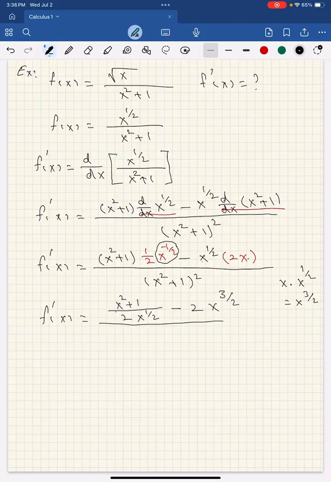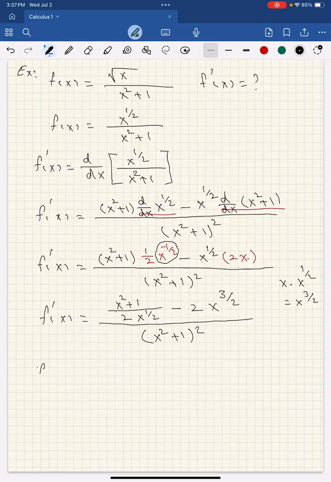All over x squared plus 1 squared. You want to simplify more? You can simplify more. What you can do here is take a common denominator between the terms in the top and simplify from there.